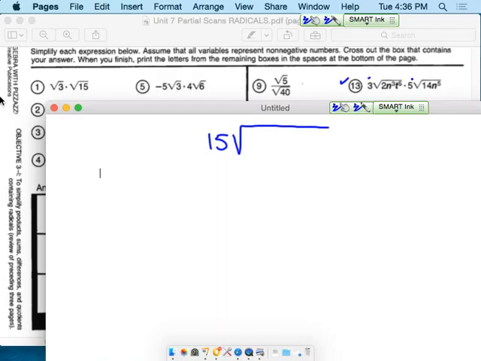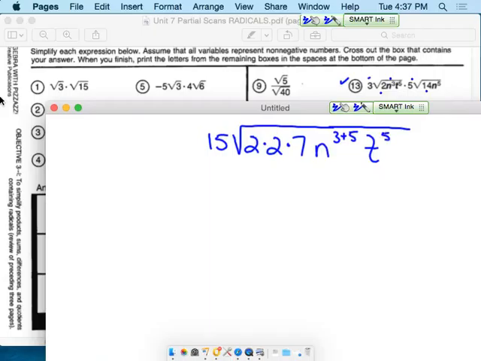And then under my radical, well, 2 is not a perfect square, and neither is 14. But I know where I'm headed with this. So I'm going to think of 14 as 2 times 7. And then with my variables, I have n cubed plus 5. I'm going to add those together. And then I'm just going to have t raised to the power of 5.